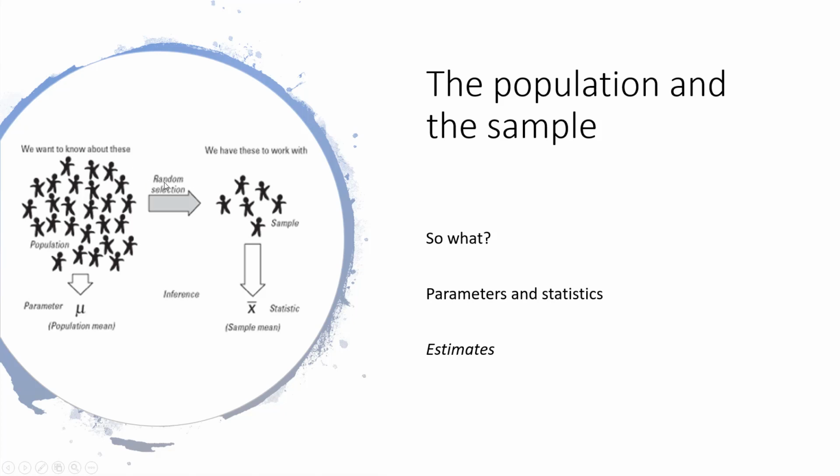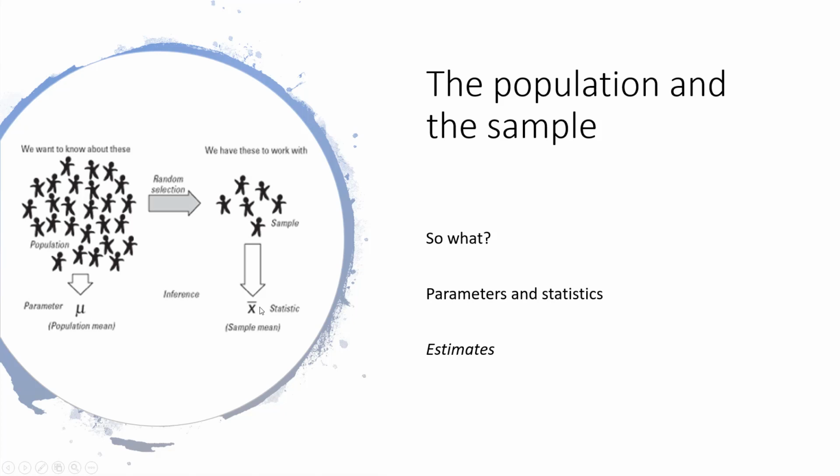We've got the whole population. We've used random selection to select out these individuals. This is our sample. So whatever we generate here, for example, our sample mean, is called a statistic. What we're trying to do is estimate the population mean, which is a parameter. So in a population, we talk about parameters, and this is the symbol for the population mean.